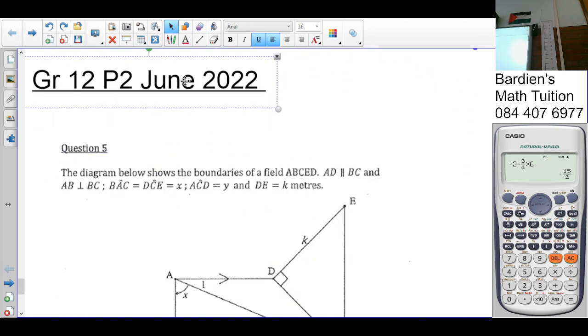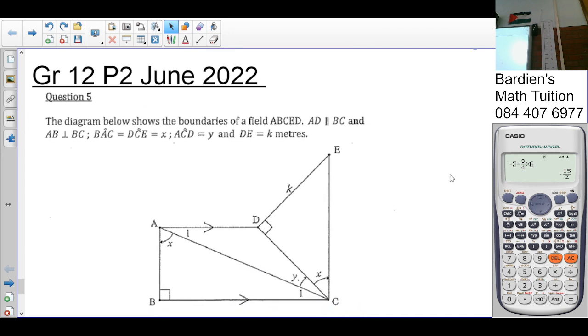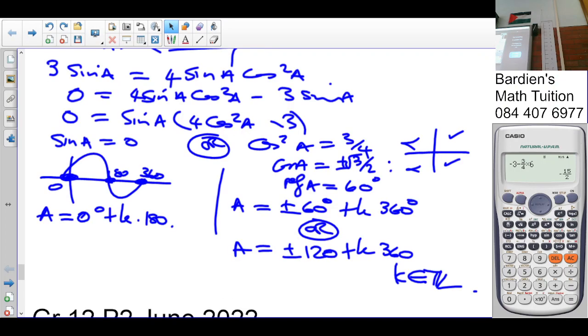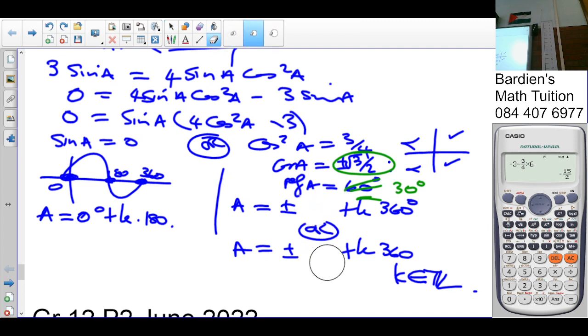So that brings us to question 5. At this point, I'm going to pause the video quickly. There's a correction here. I said the reference angle is 60. It's actually 30. If cos of a is equal to half, then it would have been 60. So which means to say that would simply be plus minus 30 degrees or plus minus 150 degrees.